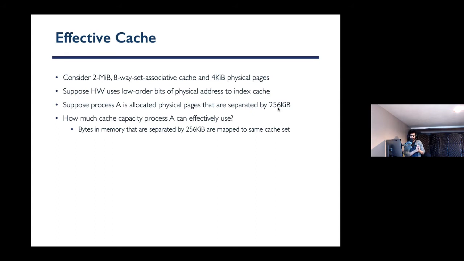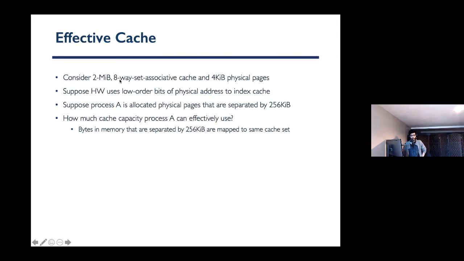So that's the question that I'm asking. Now let's do the math. You have a 2 megabyte cache, and it's 8-way set associative.